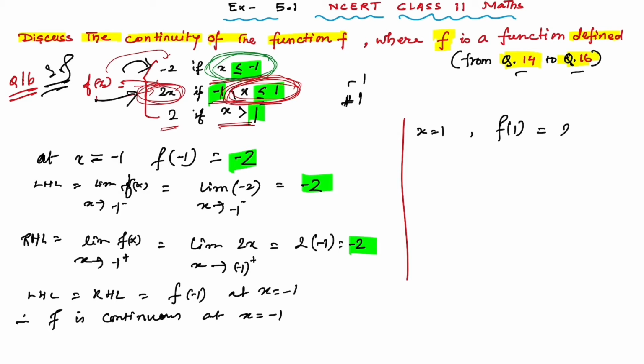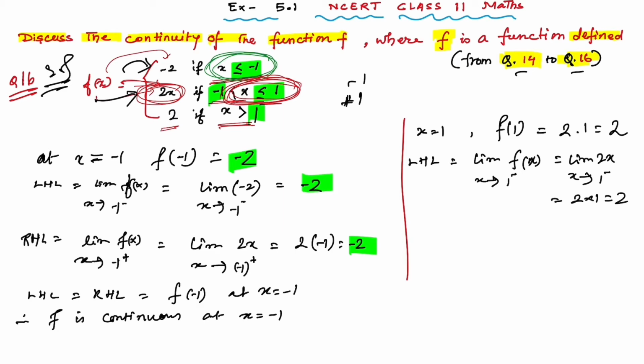So it's going to be 2 into 1, which is equal to 2. Now let's find the left hand limit, limit of f of x as x tends to 1 negative. For less than 1, again it is twice x, so it's going to be 2 into 1, that's 2.